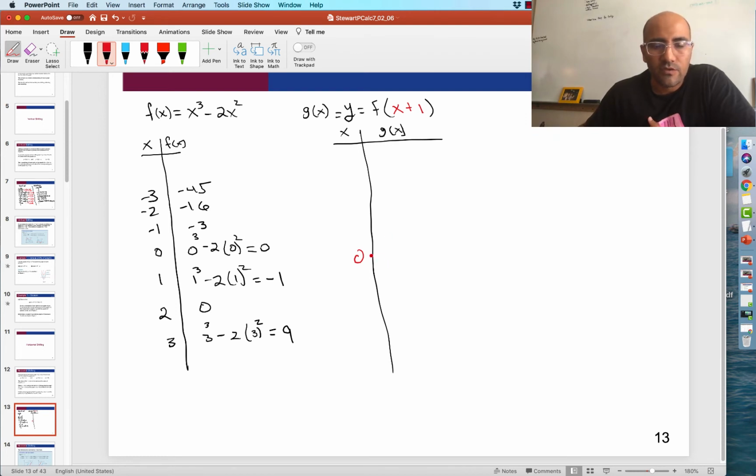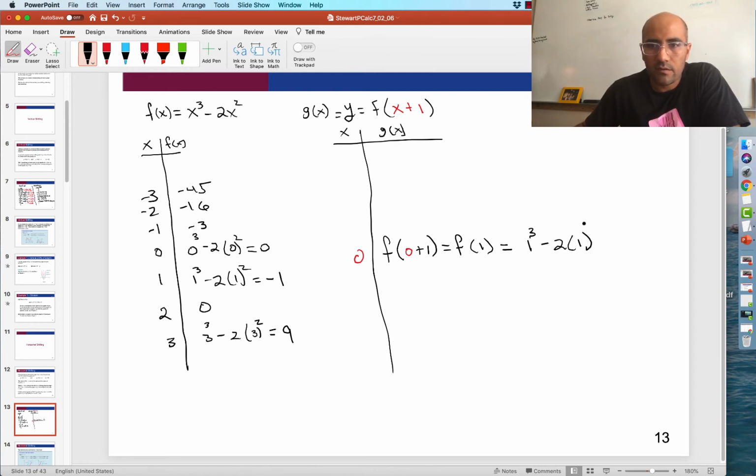So this is the same thing as f of 0 plus 1, which is f of 1. Well, f of 1 is 1 cubed minus 2 times 1 squared, which is 1 minus 2. That's going to be negative 1.